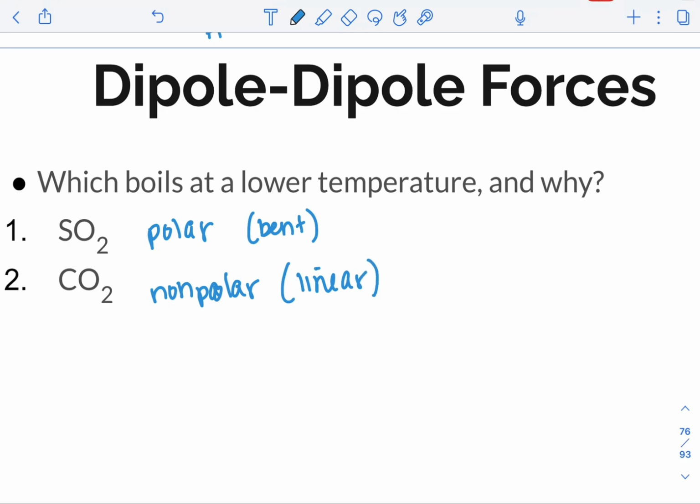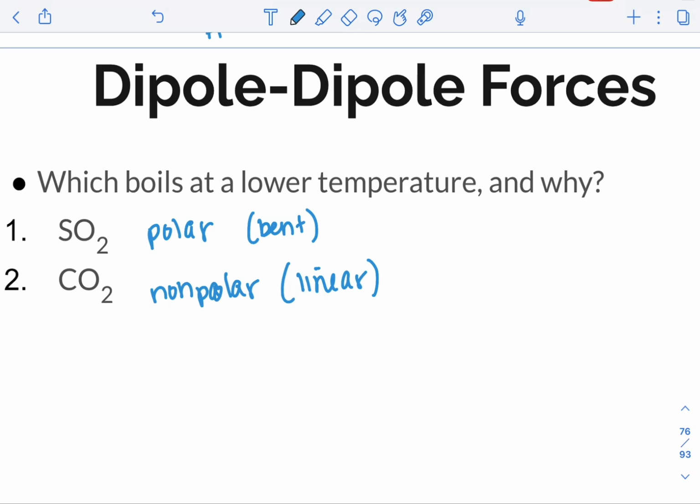The lower temperature is going to be the one with the weaker forces. They both have LDF, and we could analyze size and all of that, but we actually don't have to, because only SO2 has dipole-dipole, and dipole-dipole is stronger than LDF.